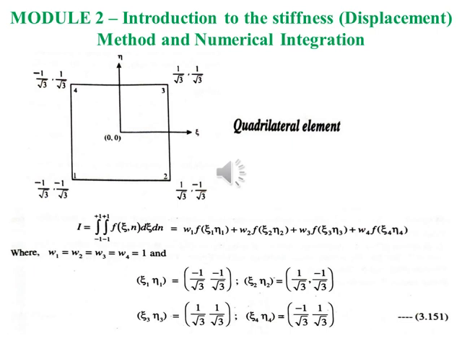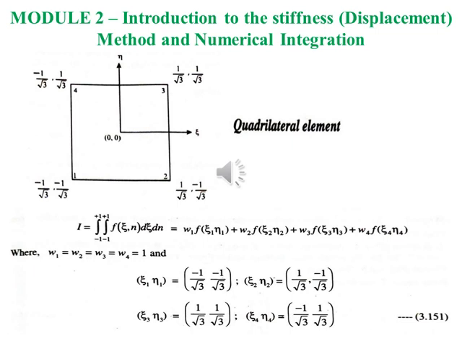So the equation can be further written as I is equal to the integral from minus 1 to plus 1, minus 1 to plus 1 of f of zeta n del zeta del n, which is equal to w1 f of zeta 1 n1 plus w2 f of zeta 2 n2 plus w3 f of zeta 3 n3 plus w4 f of zeta 4 n4, where w1, w2, w3, w4 are nothing but the weights, which will be equal to 1.